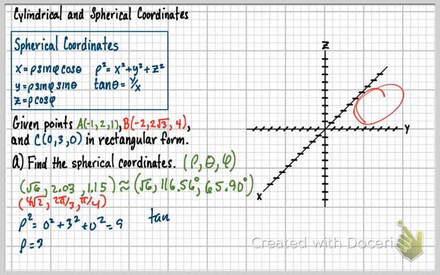That tells me right away I can't use my handy-dandy formula here. Honestly, I just have to understand where it's at. Think about where 0, 3, 0 is. It's here. That's where the point's at. My angle is going to go all the way to there and stop. That means my theta is going to equal pi halves.